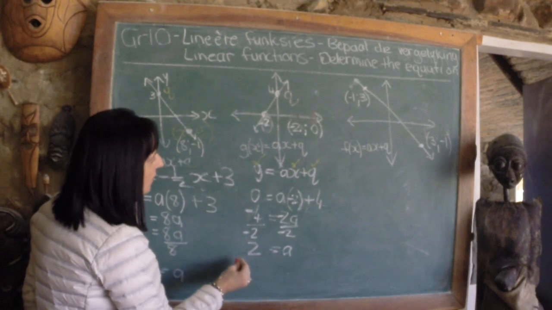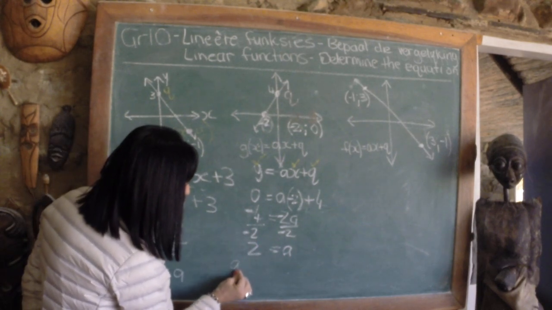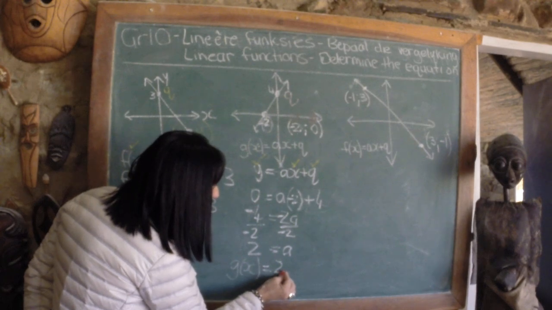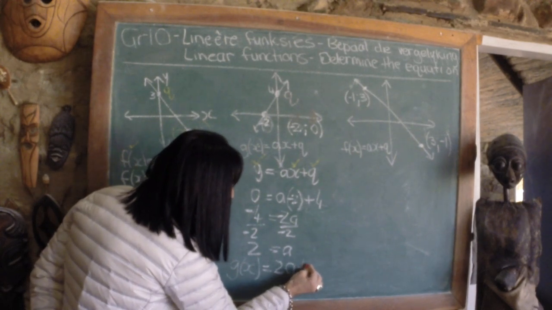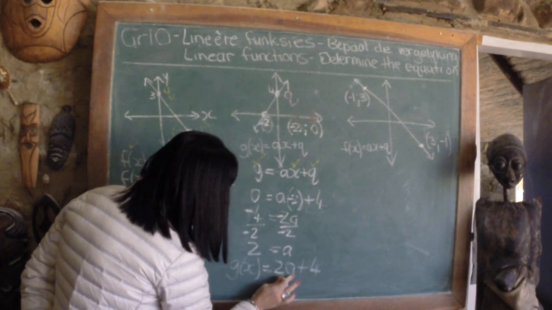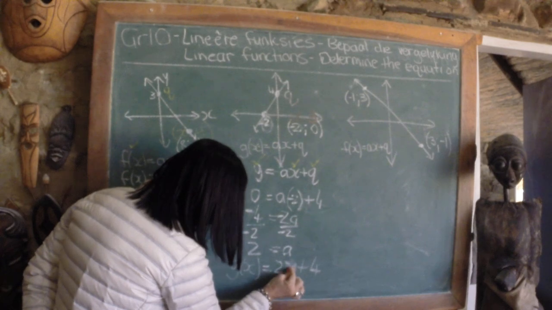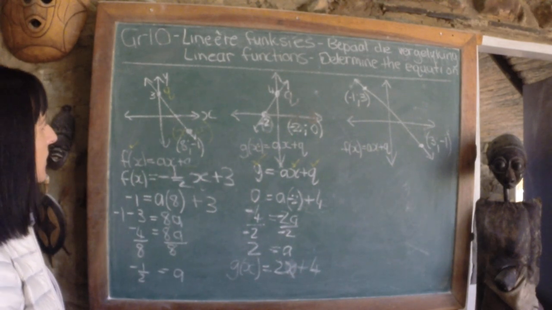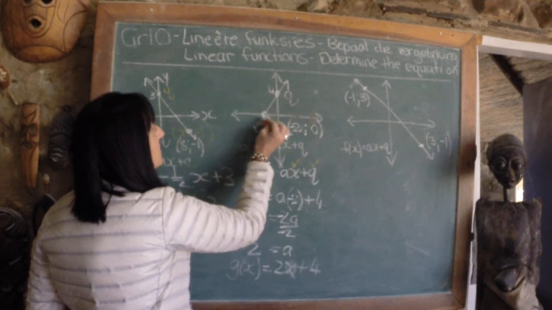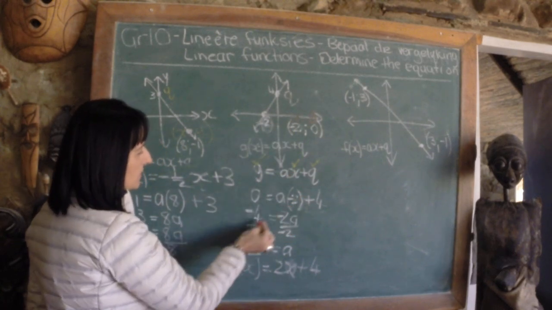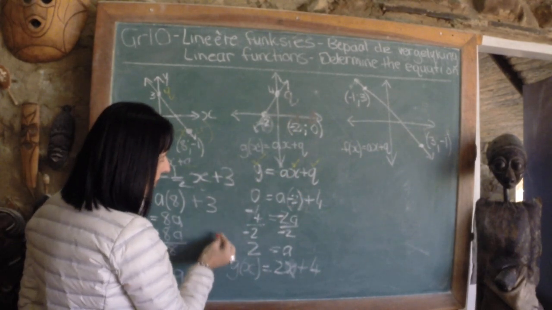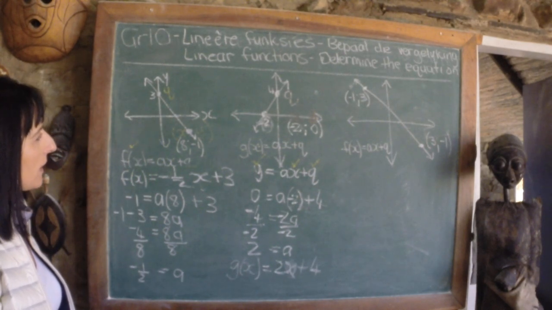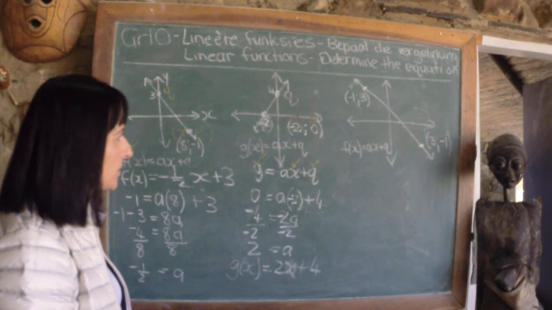So therefore, my g(x) equation, g(x) is gelyk aan 2x plus 4. Okay, sorry, I made a mistake over there, it's minus 2, so ek doen substitusie met minus 2, so a is 2, dit is 'n opdraande lyn, and there I've got my equation.